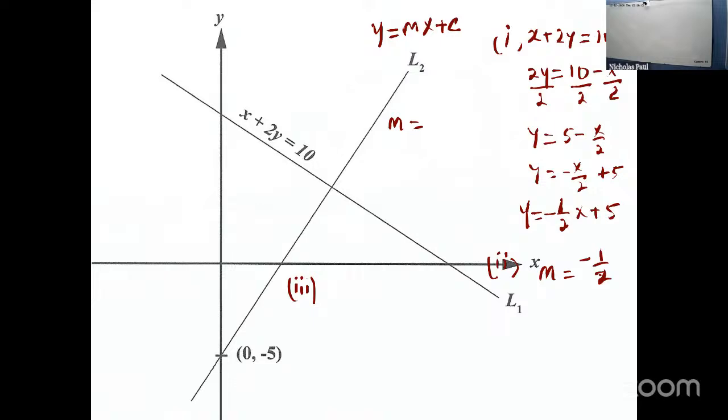Alex, the same question we do over and over. What do you do to get the gradient of the perpendicular line? Tell me in words. I don't want to hear that. I want to hear what you do, what we've been doing for all the other questions.